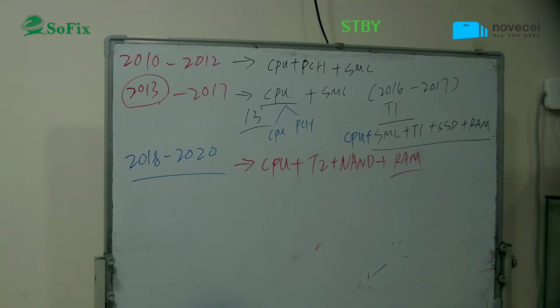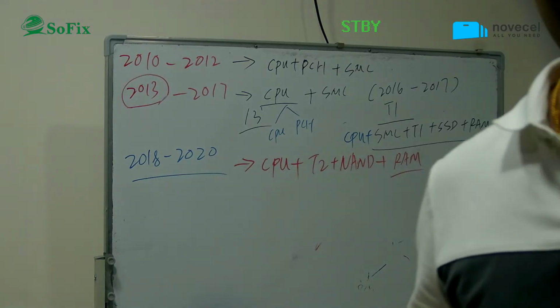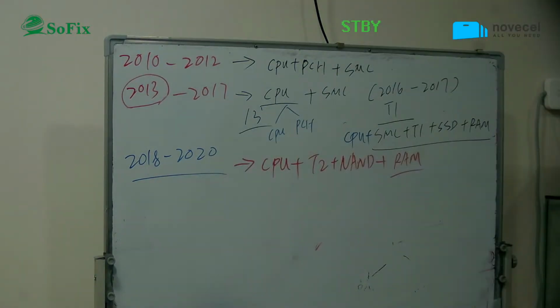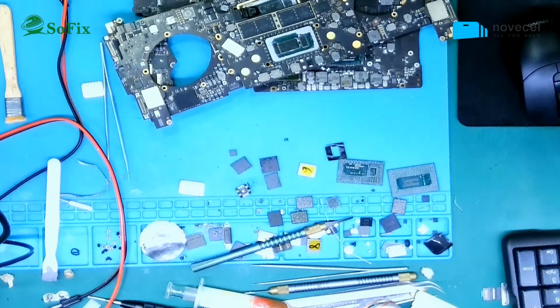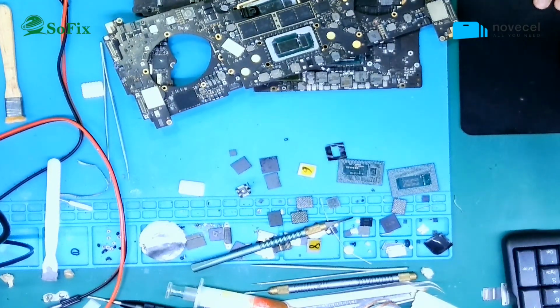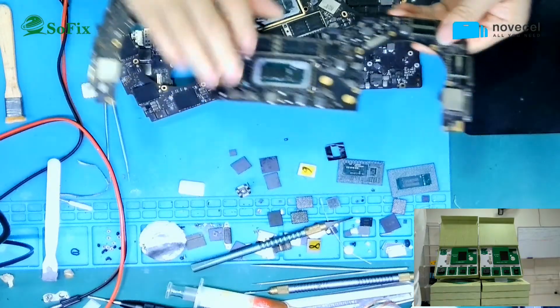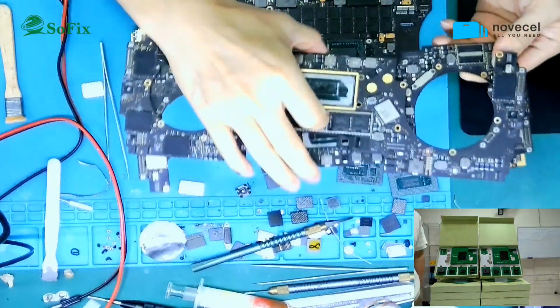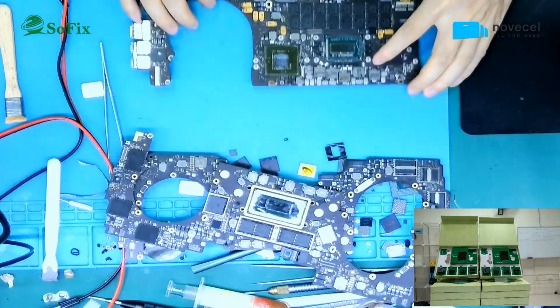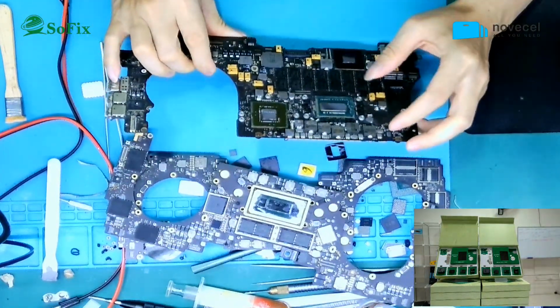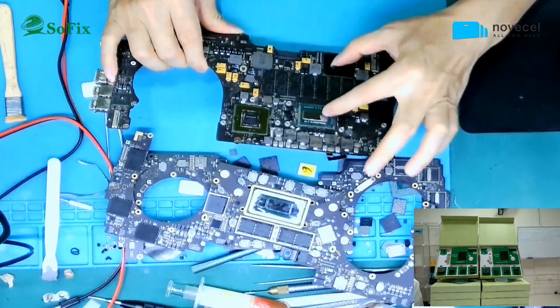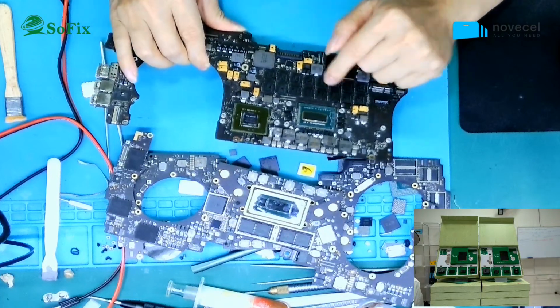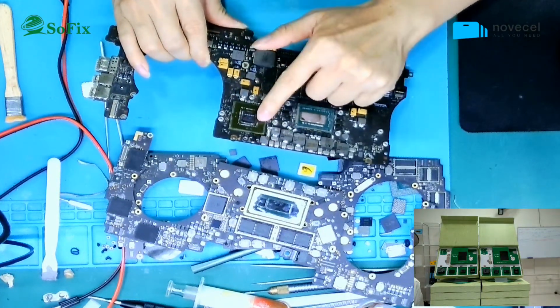three generations, different motherboards. Here, this one, the old model 2010 to 2012, the CPU and PCH are all separate parts, and this is a GPU, the graphics card.